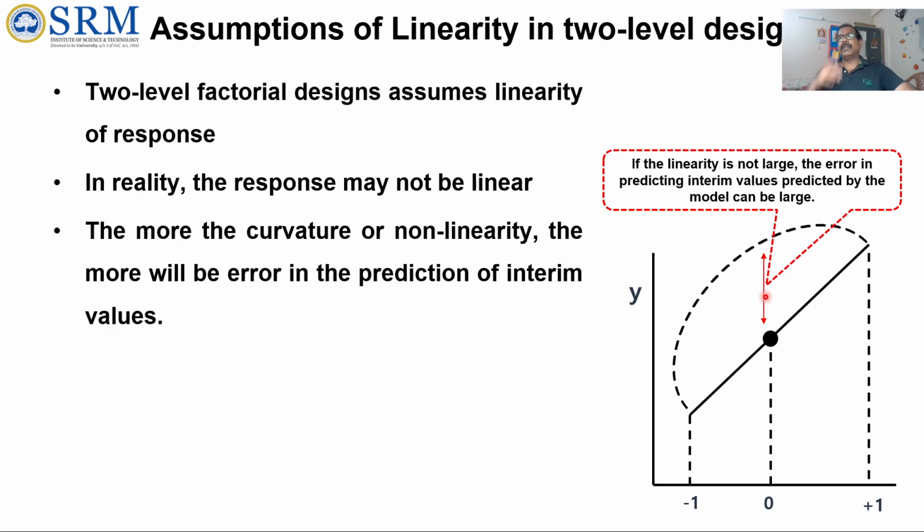This is where response surface methodology will be useful. But we can also reduce this error. How? Instead of keeping the levels with a huge difference like -1 to +1, consider a real-time example: if you are machining using a lathe or any conventional machine, and the spindle speed of 1000 rpm is level 1 and 2000 rpm is level 2, a low level and a high level.